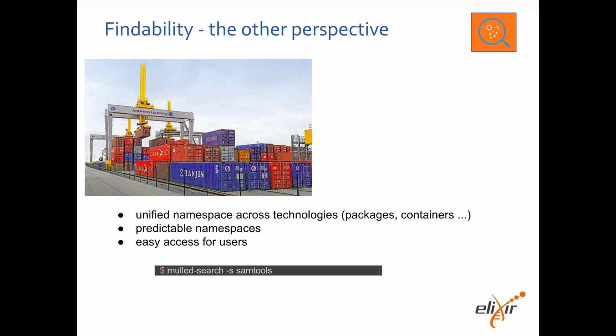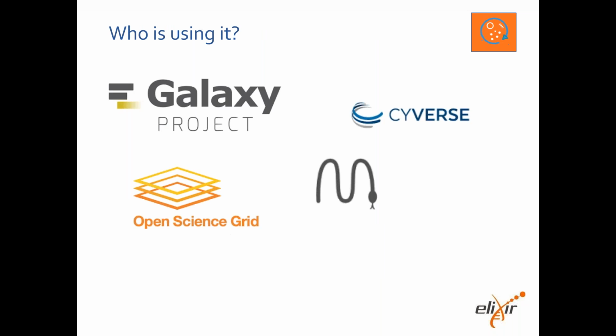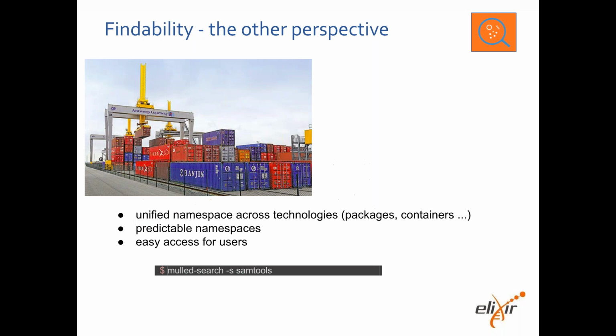You want a unified namespace. This is where we just developed a command line tool, so you can just do mulled search SAMtools, and you will get links for all SAMtools versions which we have for containers, which we have for Conda, and so on. But all of this will also be offered on a website.